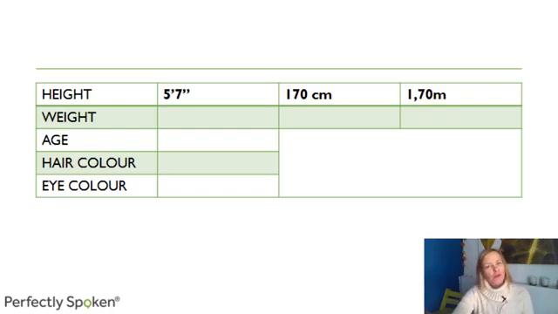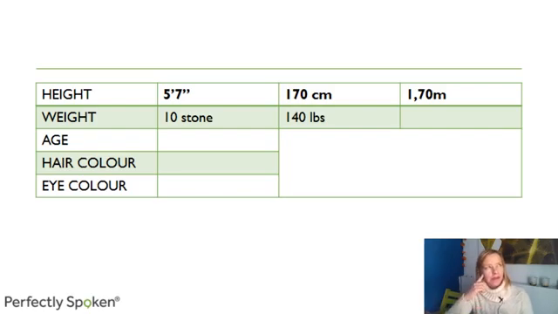Okay. And what about her weight? Do you remember the weight? How much she weighs? Her weight was about 10 stone. And that in pounds, because in the United States, they use pounds.